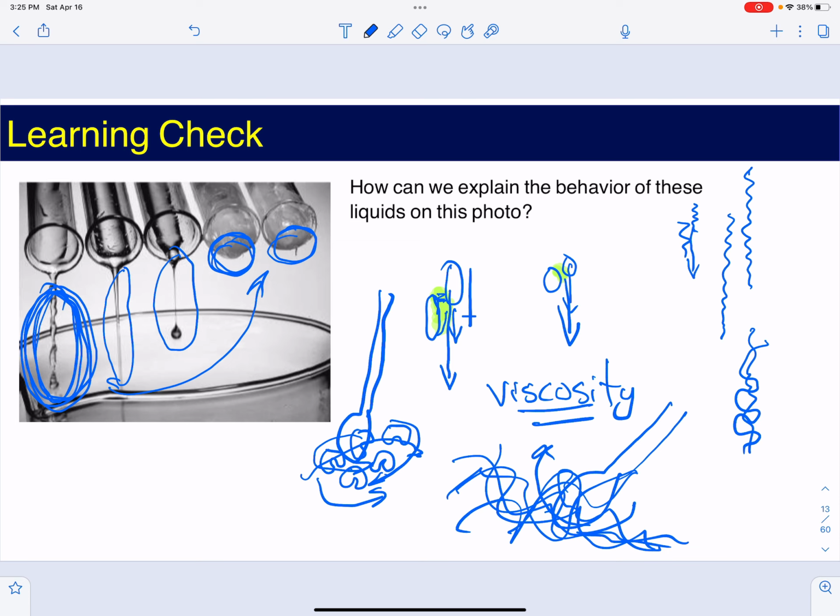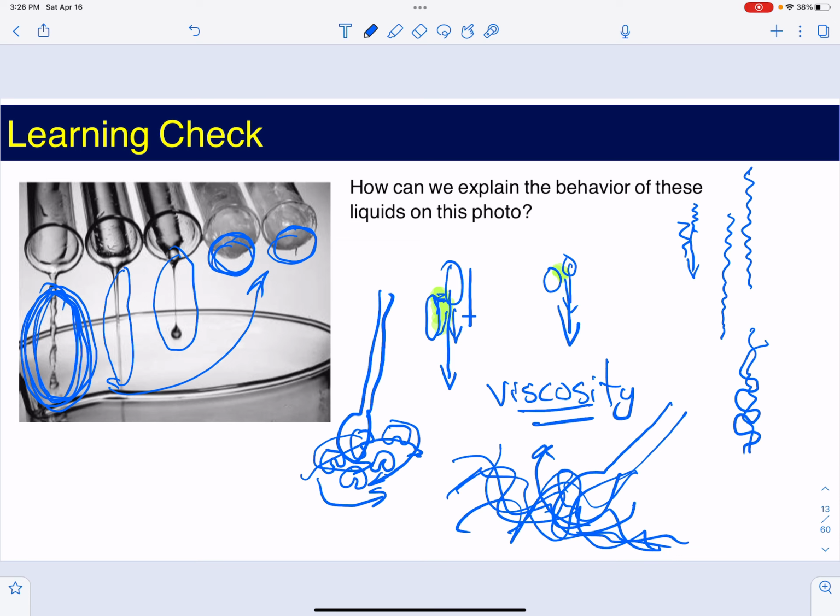So viscosity is going to be affected by two factors. First one, the strength of the intermolecular forces. Imagine intermolecular forces are like glue. The more glue you put on two pieces of paper, the harder it's going to be to get them past each other. So that would be the intermolecular force analogy. The other one is the size of the molecule.